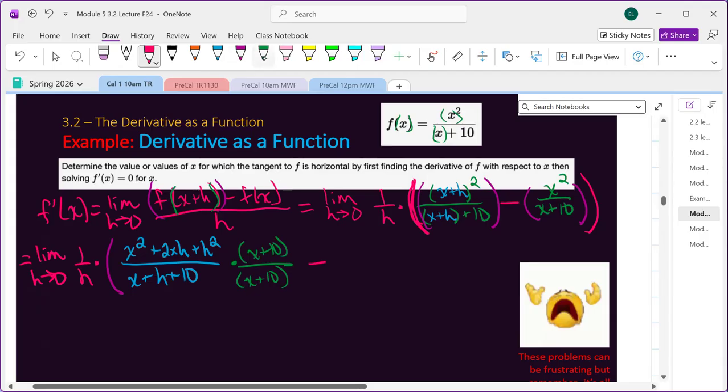Minus, then my other fraction was x squared over x plus 10. To get a common denominator, this one is going to get multiplied by x plus h plus 10 over x plus h plus 10.